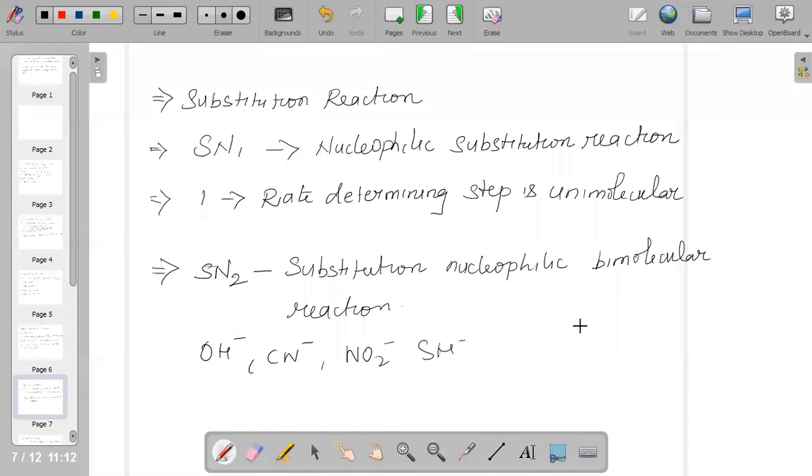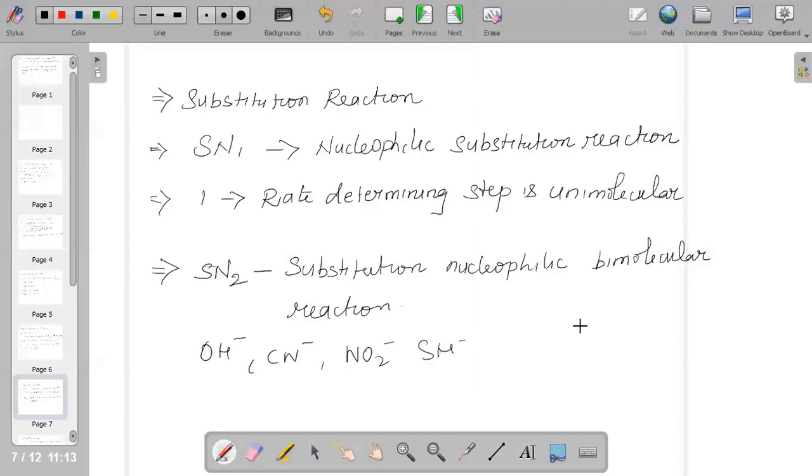When we say SN1, substitution nucleophilic unimolecular reaction, we should understand that it is a two-step reaction. In the first step, the carbon halogen bond will break heterolytically with the halogen retaining the previously shared pair of electrons.